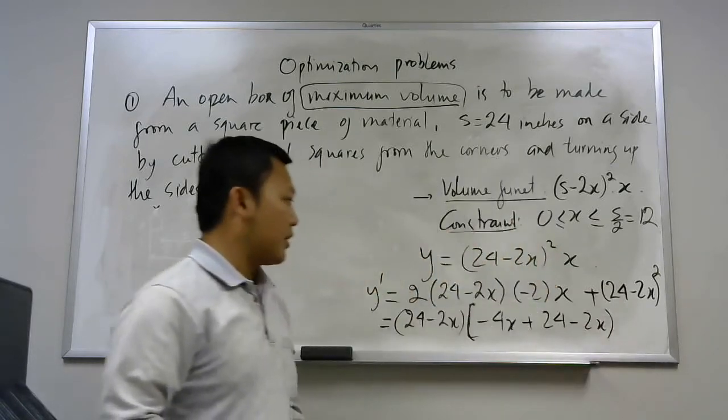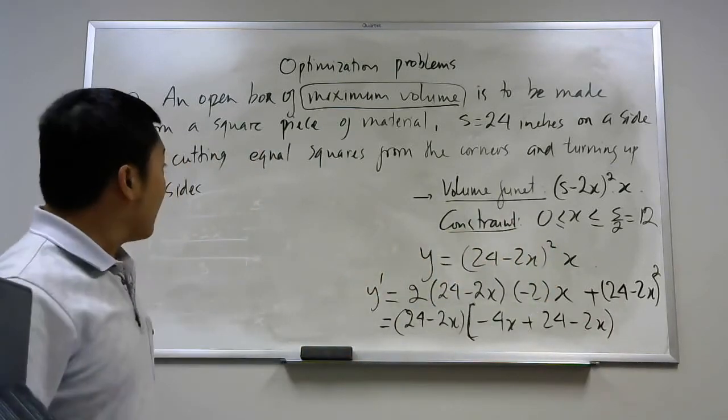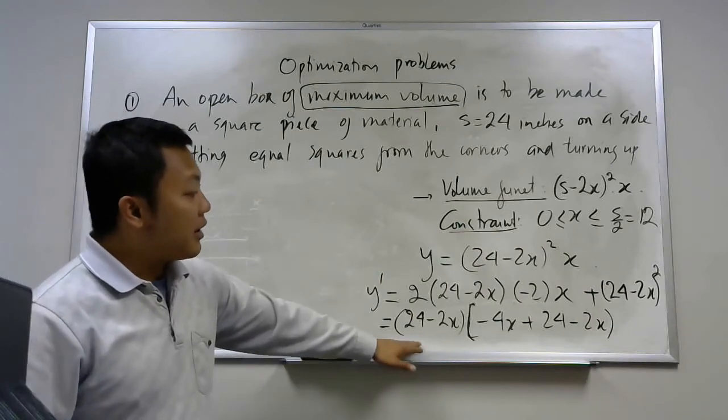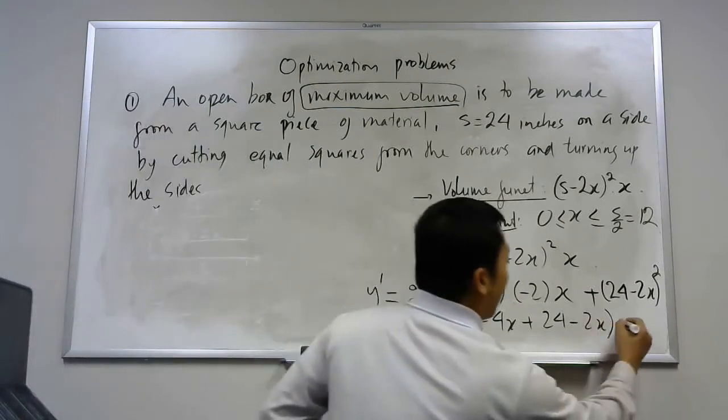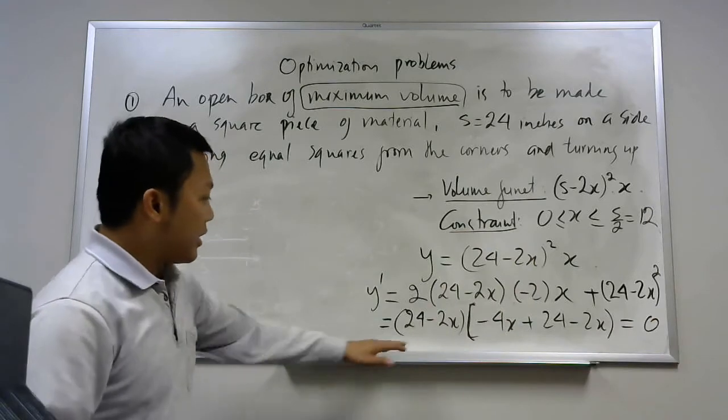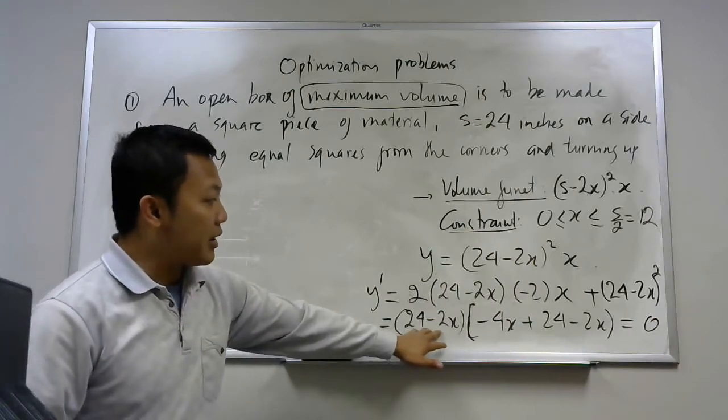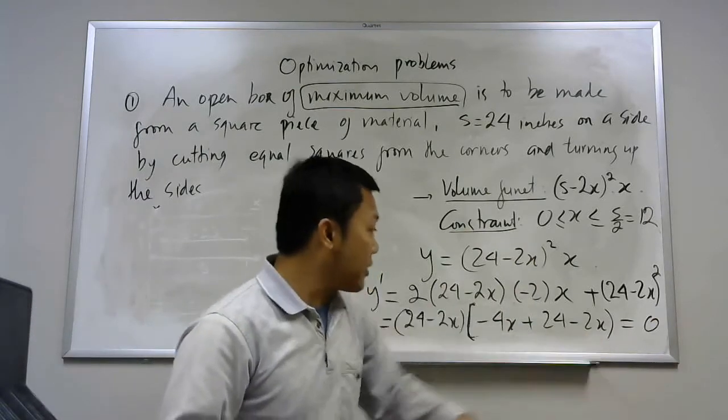You see? So we already have a very beautiful form. And when you set this equal to 0 to find all critical points, you see 24 minus 2x equal to 0, or this part is equal to 0.